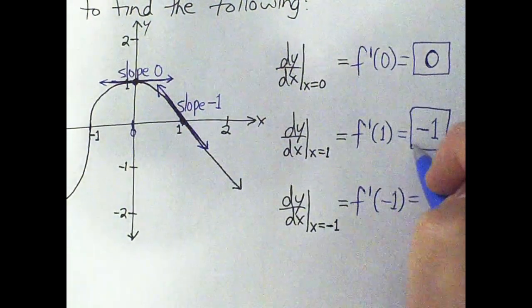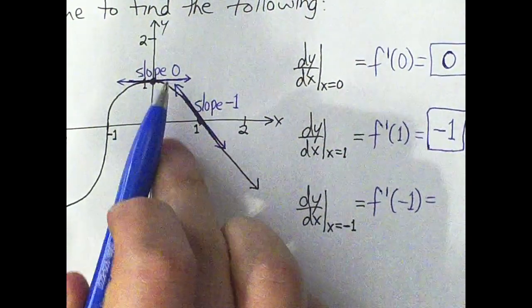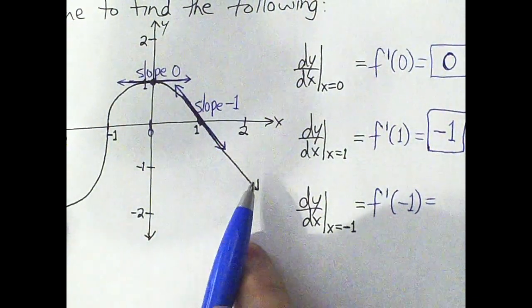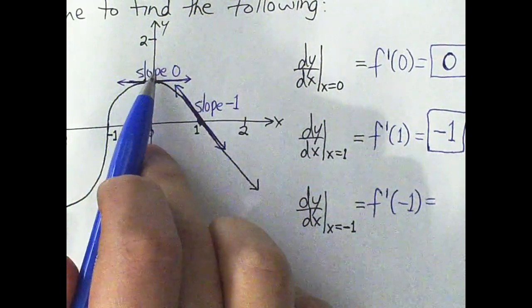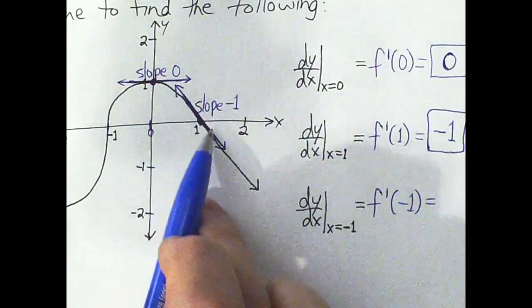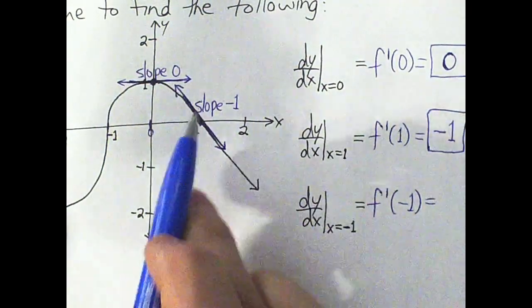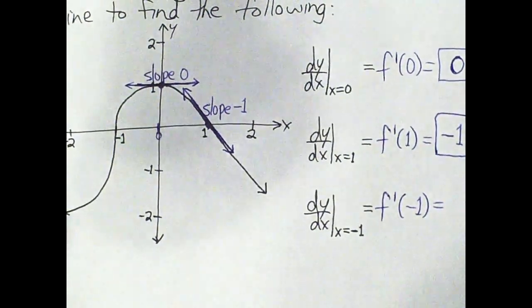I think that's the first time we've gotten a negative answer for one of these, but that's okay. If you're going downhill as you go from left to right, like you were at the top of the hill and then you just start rolling, you're rolling down this hill, or maybe you're on a sled, slope would be negative as you go downhill.